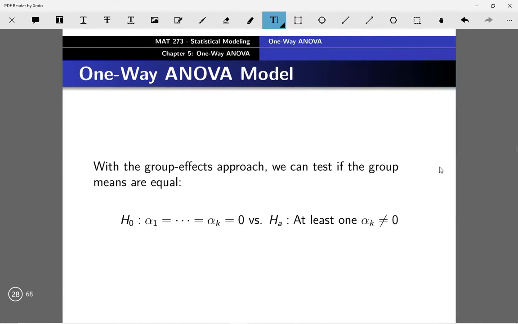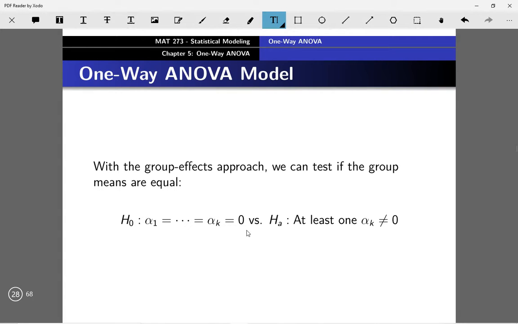Okay, and similar to before for the group means approach, we can test these hypotheses again, that essentially now it's testing not just that the group means are equal, but that the group effects are all 0. Because the idea is that if all the group effects are 0, that's the same as all the group means being just the grand mean.